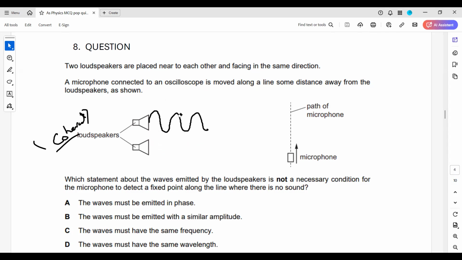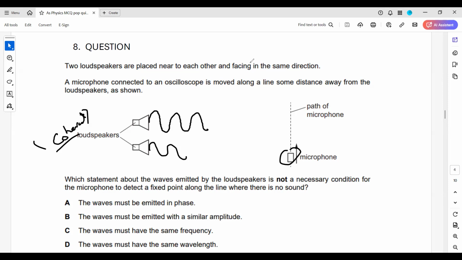Otherwise, what is happening? Let's say this source is emitting a crest. Next moment, this is emitting a crest. Next moment, it is emitting a trough. Next moment, it is emitting a crest. So it will be hard to recognize a single point where there is a constructive or a destructive interference. So we don't want the two waves to be in phase. We want them to be coherent. We don't need the same phase, but we need a constant phase.